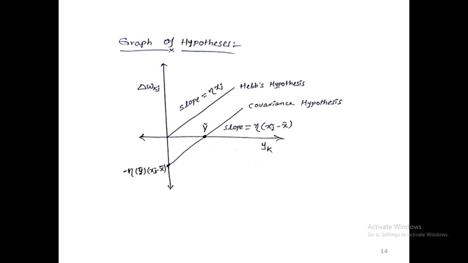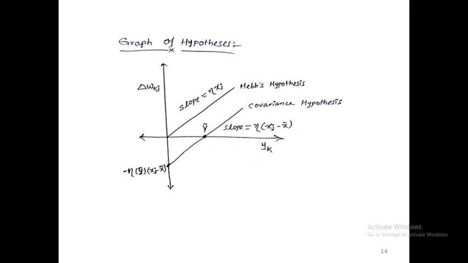A simple graph of the hypothesis is as follows. Based on the earlier equation, we have seen Hebb's hypothesis. In Hebb's hypothesis, the change in weight is simply the product of the learning rate parameter neta and the pre and post synaptic signals, that is yk and xj.